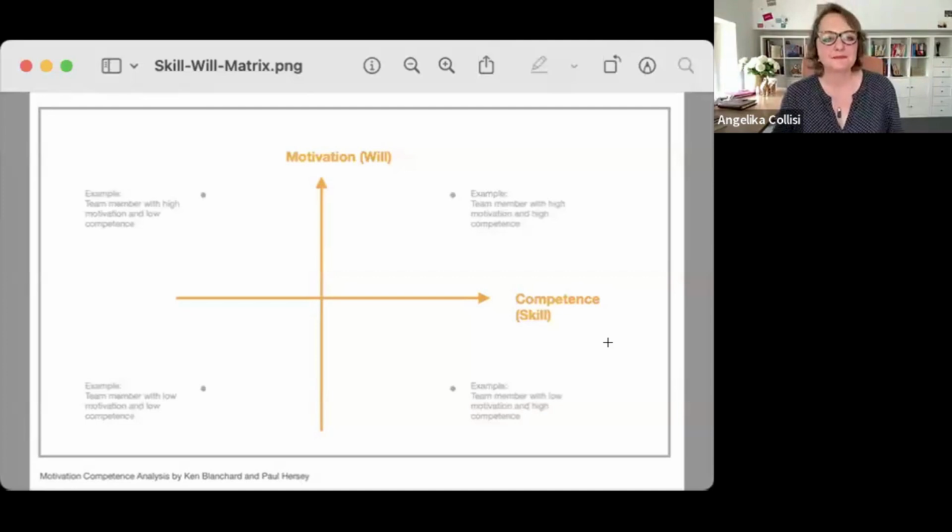Let me take you to the skill-will matrix so that we can have a closer look at this. So this should be visible now.